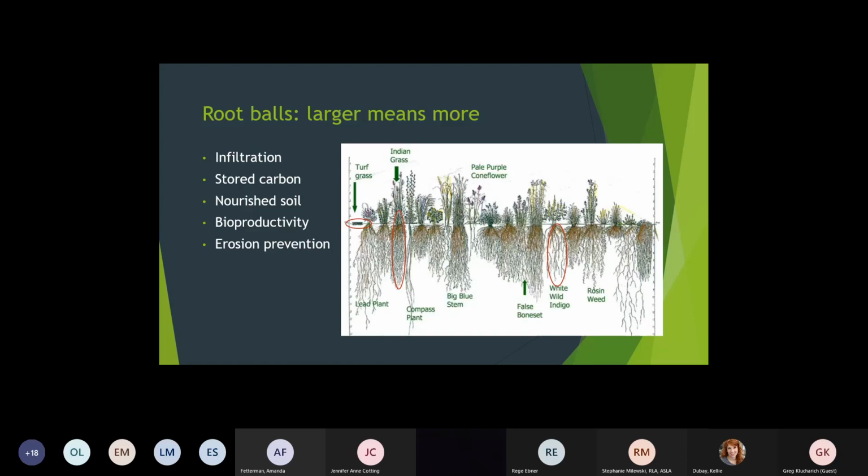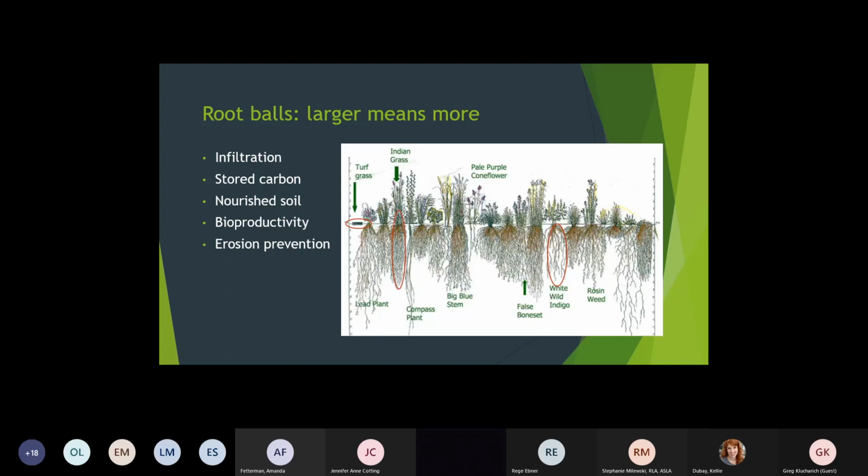So longer roots do increase infiltration. They also have more biomass to store carbon. They support habitat for microbes, and so they can nourish the soil, especially since some of our plants, like the wild indigo, have bacteria that fix nitrogen.